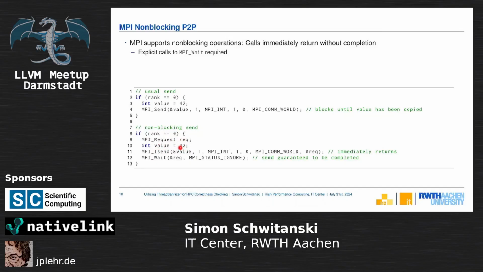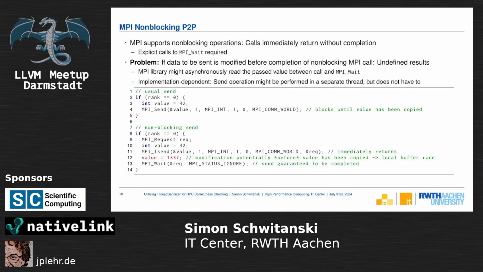Then we set our value, and then we say, please transmit this, but this will immediately return. That means here this value has not necessarily been read when you return. And only after you call the MPI_Wait, you can be sure that this value has been read.